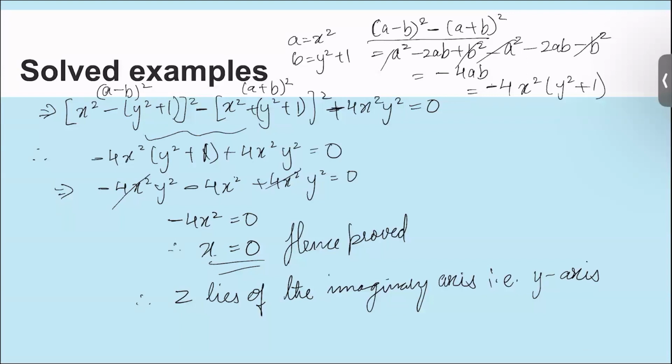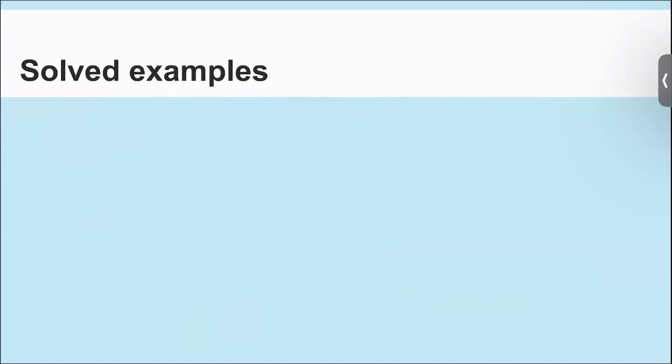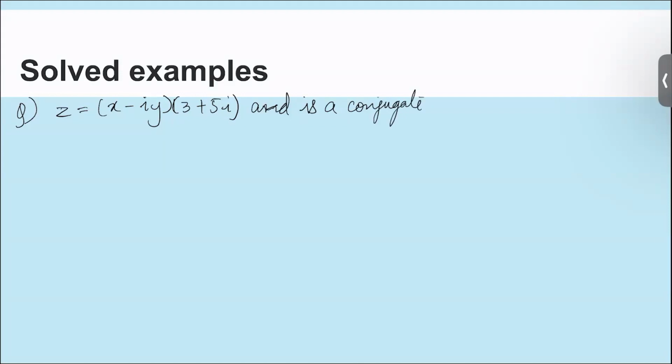So let's quickly go through another kind of example. So suppose you are given z is equal to (x minus iy)(3 plus 5i) and it is a conjugate of minus 6 minus 24i.